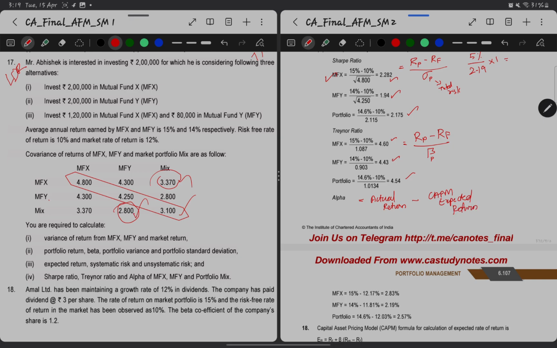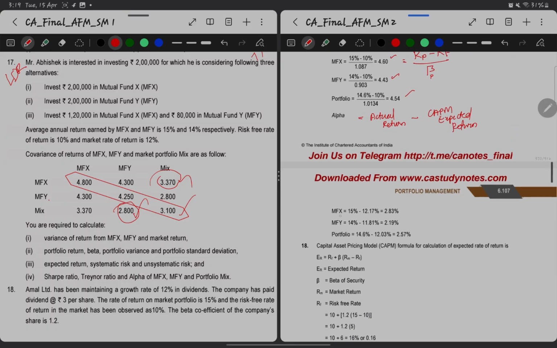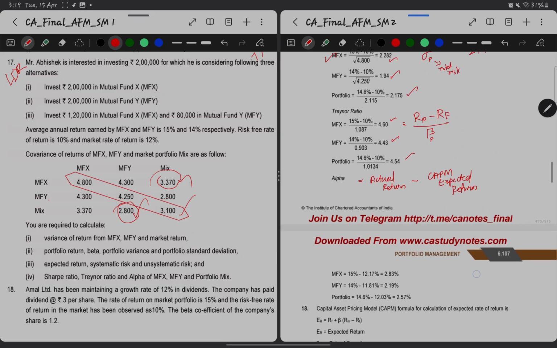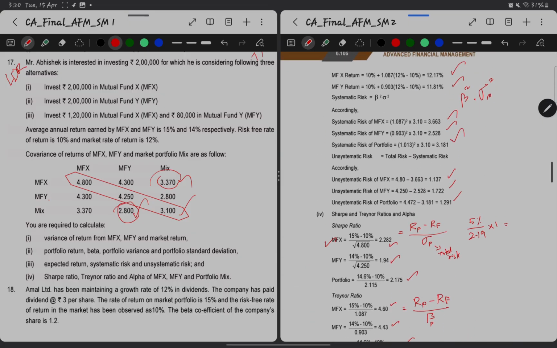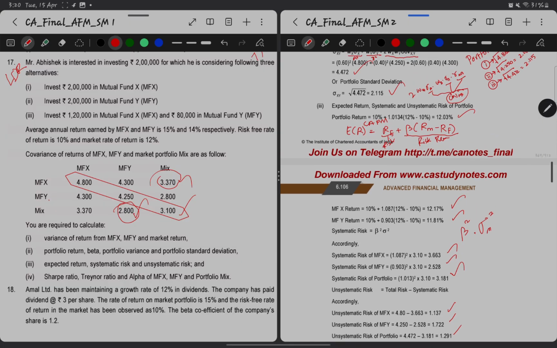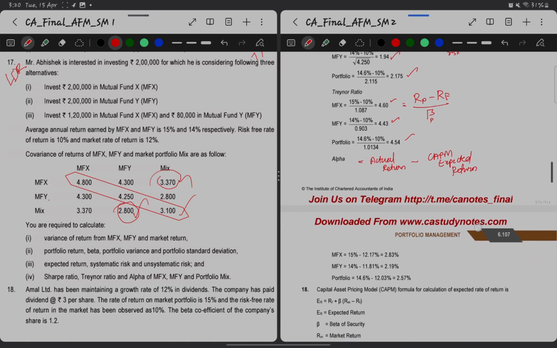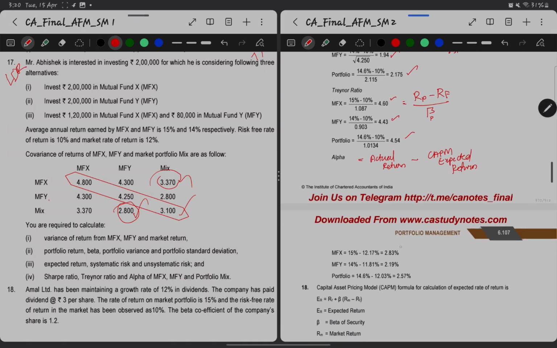So how much extra we are earning compared to the CAPM expected return. In the case of MFX it is 15% minus the CAPM return, which we have already calculated here. For X it is 12.17, and for Y it is 11.81, which is given here, and for the portfolio also. So this would be the alpha. Thank you.